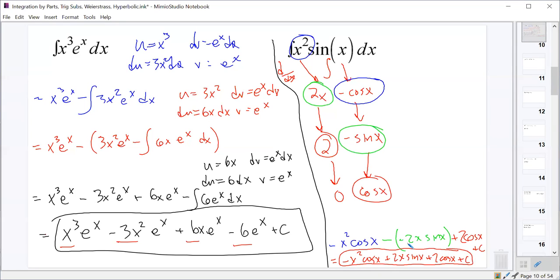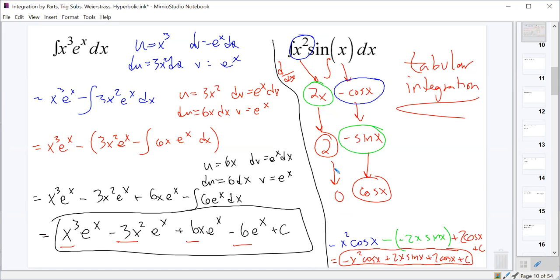This can be a lot easier if one of them differentiates down to 0 and the other one can be integrated repeatedly as many times as we need to get the derivative of the other one to 0. This method is called tabular integration, and it's just a shorthand notation for integration by parts with this special case.